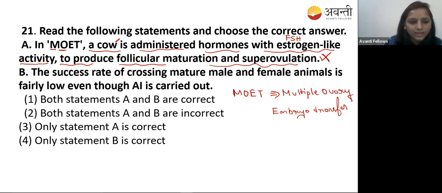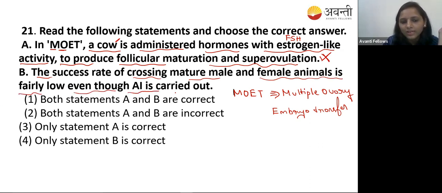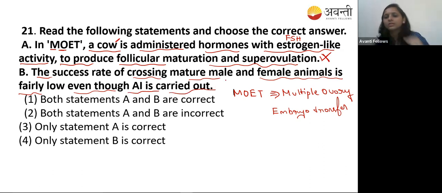Then coming to statement number 2: the success rate of crossing mature male and female animals is fairly low, even though artificial insemination is carried out. That is right. Whenever the age is more and mature male and female animals are crossed, even if we do artificial insemination, the sperm movement will be very low.